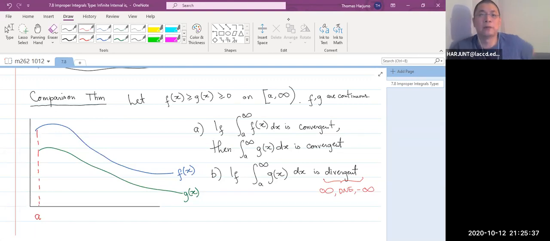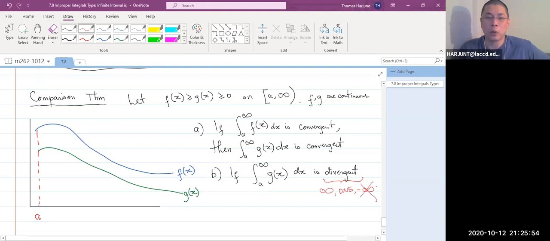All of the above? No, it's not. It will be divergent to positive infinity. Cannot be divergent to negative infinity. Why not? This function is a non-negative function, so the area under the curve cannot be negative.